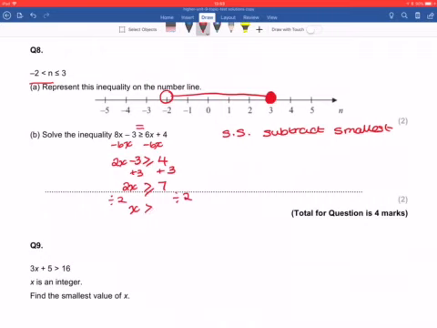And I get greater than or equal to 7 over 2. It's fine leaving it like that, or you can actually write 3.5. But the sign's got to be the same. So some people did it perfectly, but then put equal to, and you're not going to get the right marks. Are there any questions? Is that okay?